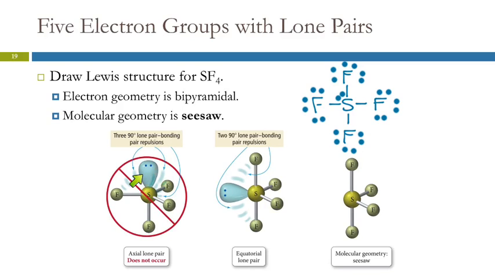If the lone pair is up here with its extra repulsiveness, it's got 90-degree angles with 3 bonding pairs. If we put it in an equatorial position, it's got 120-degree angles with the other equatorial ones and 90 degrees with only 2 of these bonding pairs. It's got a little more space over here. So the lone pair goes where there's more space.